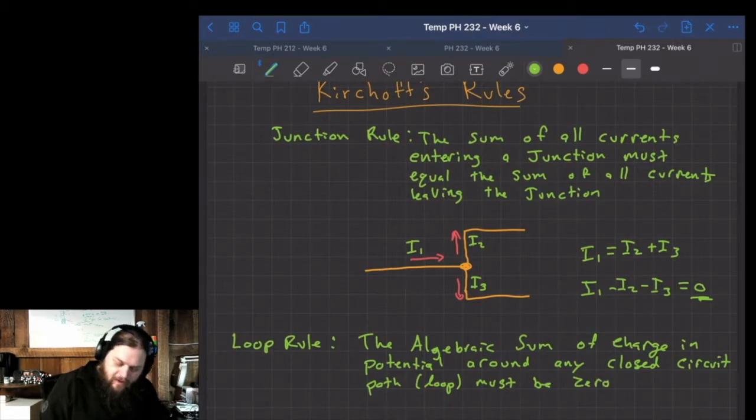Or we can say this as the summation over i of all the voltages is equal to 0.